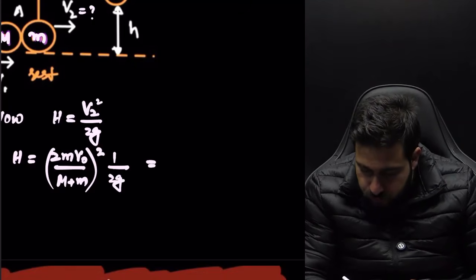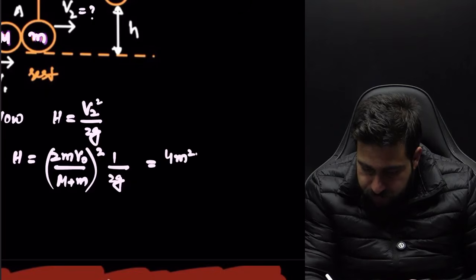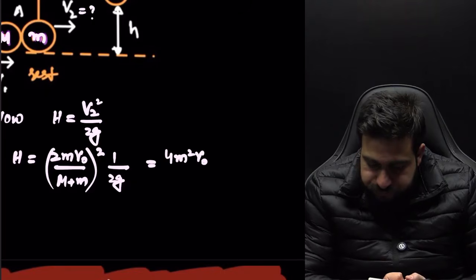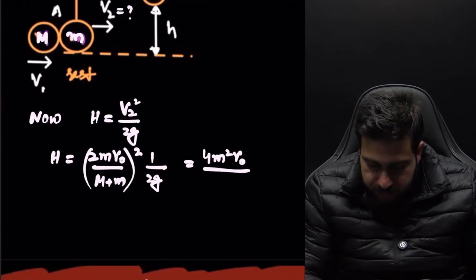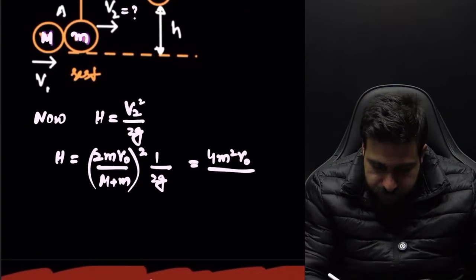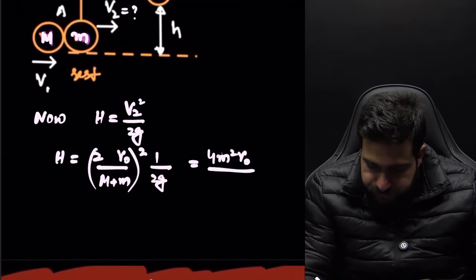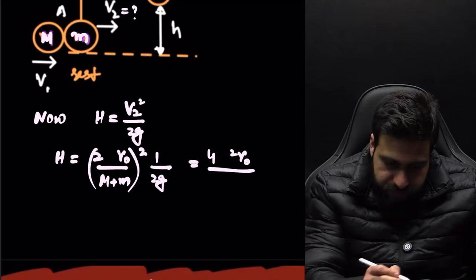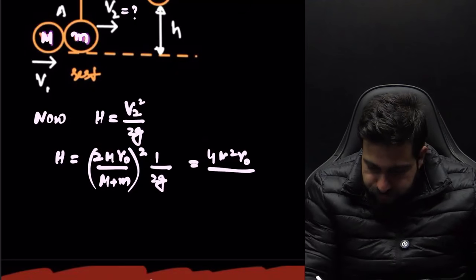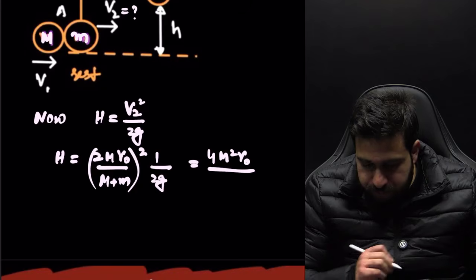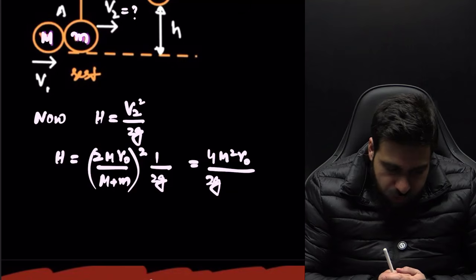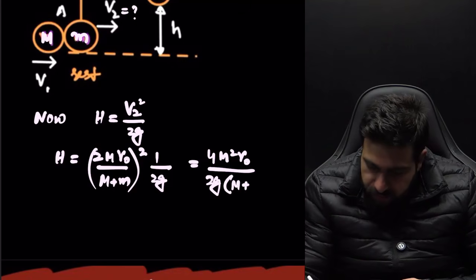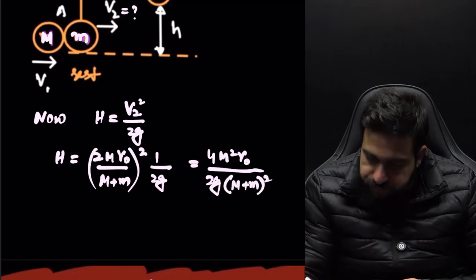So what can you write? 2 square is 4, M square v naught square, upon, and this is capital M, not the small m, sorry, divided by M plus small m whole square, times 2g.